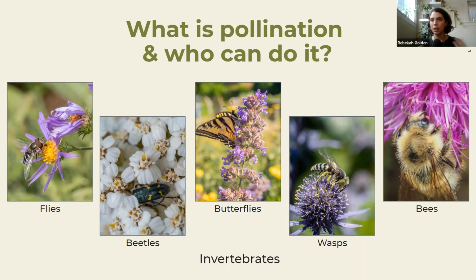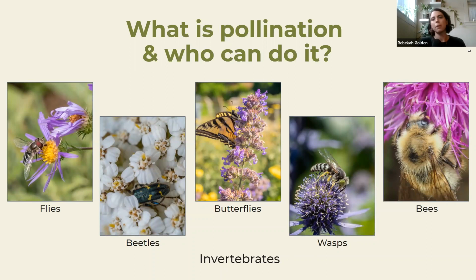And so that allows the egg to become fertilized and for that embryo to turn into a seed. And so a seed is an embryo of a plant, and they're basically allowing the continued propagation and sexual reproduction of plants themselves because they can't get up and walk over to each other. And so any animal that does this is a pollinator and can provide those pollination services.